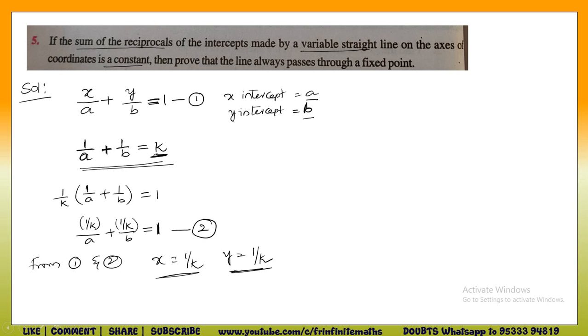So the point x comma y is nothing but the point 1 by k comma 1 by k. This is a fixed point because k is constant, so 1 by k is a constant.